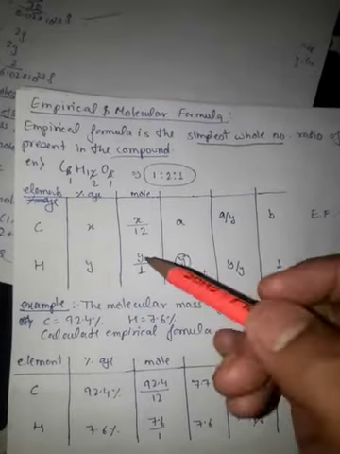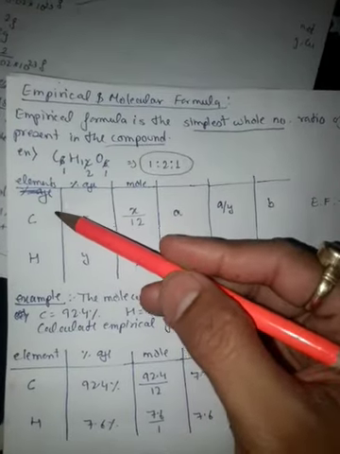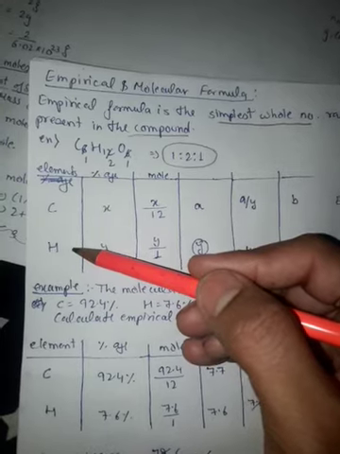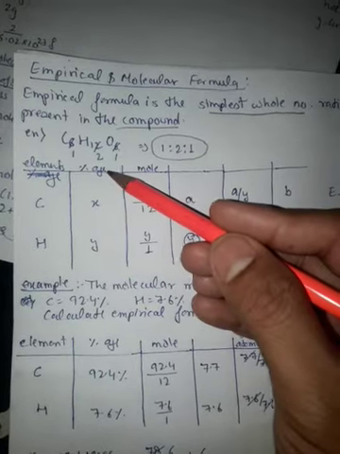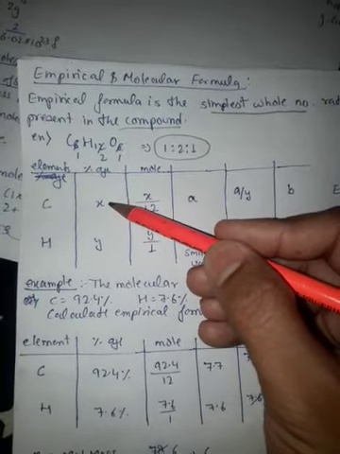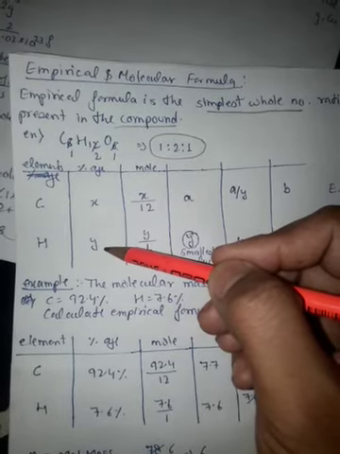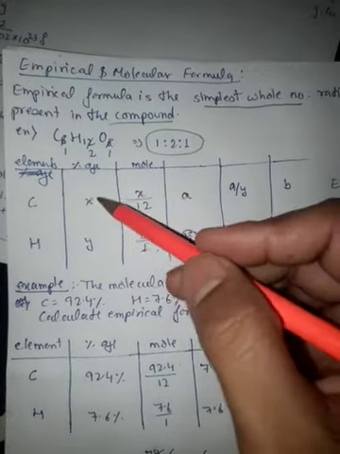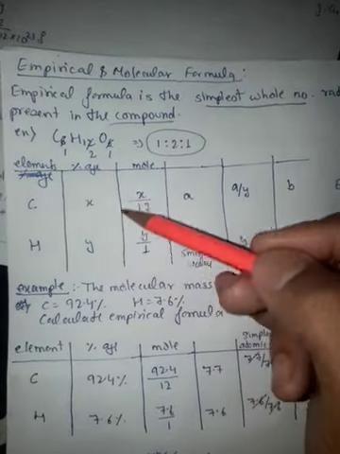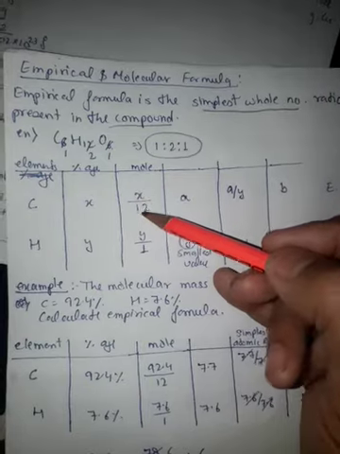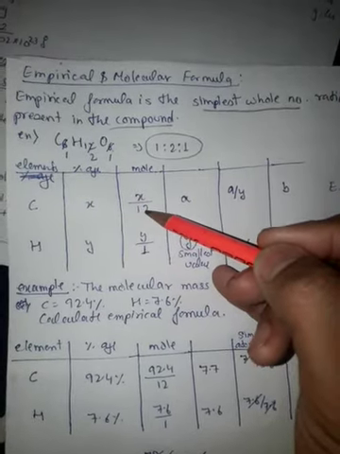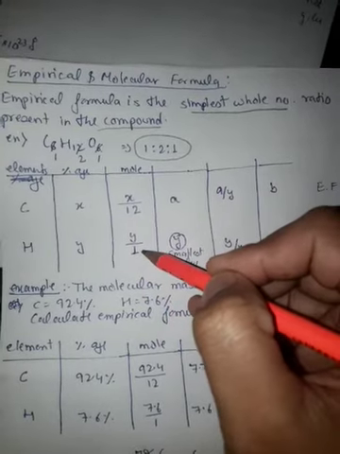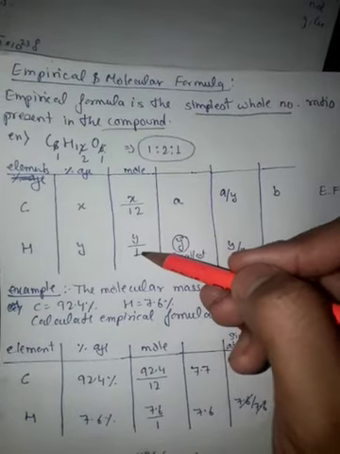Suppose any compound is given in which only carbon and hydrogen are present. We take the percentage of carbon to be x% and of hydrogen y%. To calculate the number of moles of carbon and hydrogen, we take the percentage of carbon upon atomic mass of carbon, and percentage of hydrogen upon atomic mass of hydrogen: x by 12, y by 1.